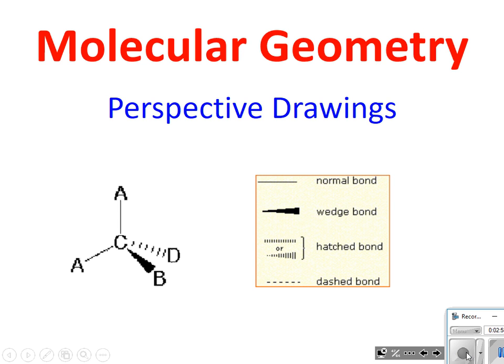Now you can see with this perspective drawing that there are a couple of different things. This solid line here and this solid line here are what they are calling a normal bond.